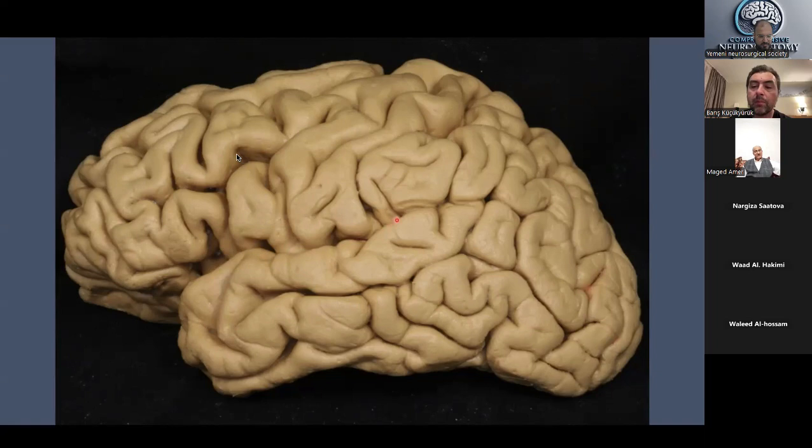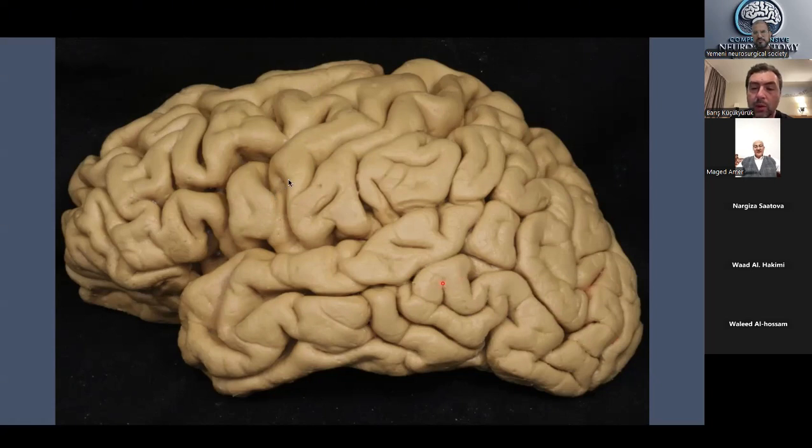The temporal lobe is separated posteriorly from the occipital lobe by the lateral parieto-temporal line, an imaginary line connecting the preoccipital notch to the parieto-occipital sulcus. So let's draw an imaginary line from the parieto-occipital sulcus to the preoccipital notch, and this line separates the temporal lobe from the occipital lobe.